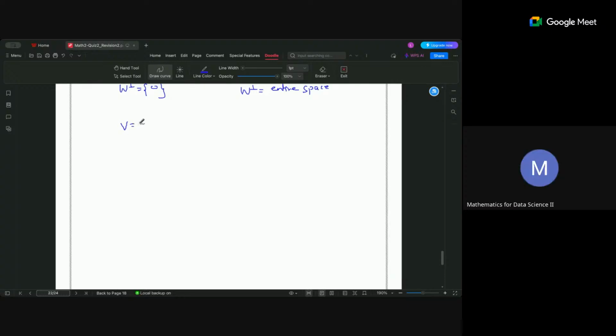What is your V? V is x minus x, y minus y. Okay, matrix form. So I guess I understand the scenario. This is from V to R2, right? V to R3.